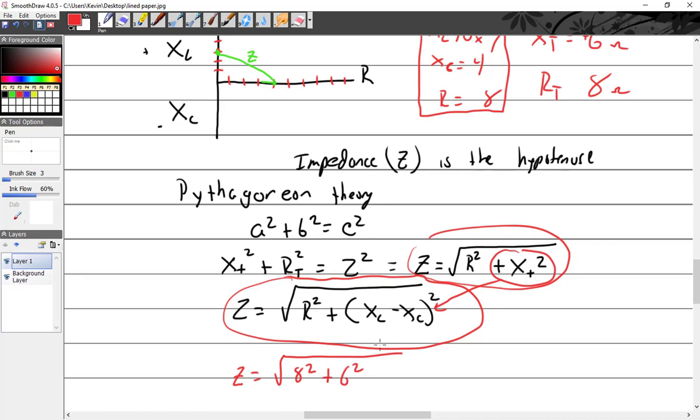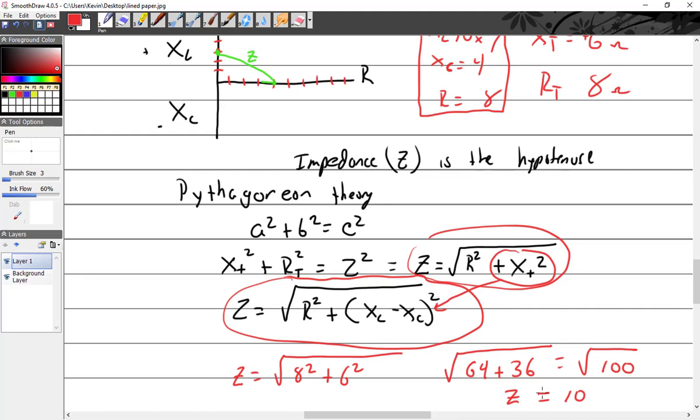Now, I didn't bring my calculator in, so 64 plus 36, what do we got? 100. 8 squared is not 10. No, it's 64 plus 6 squared, 36. So z equals the square root of 100, and the square root of 100 equals 10. Look at that. So what is 10? Z. Z equals 10.